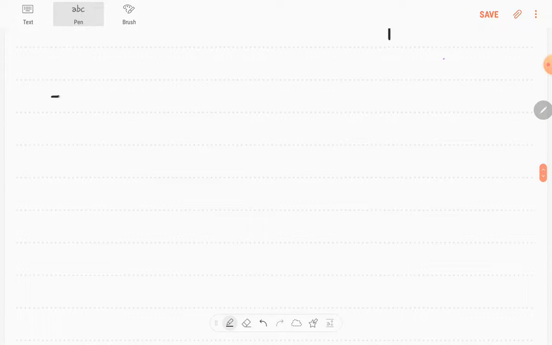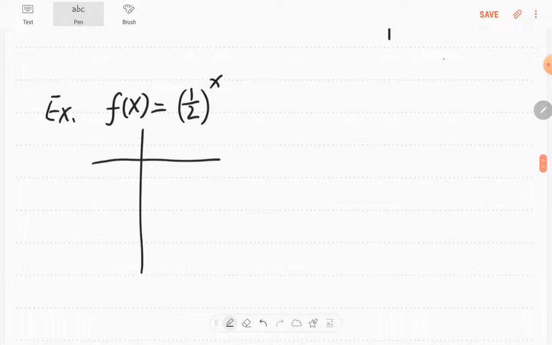Now let's look at another example, which is f of x equals 1/2 to the x. We still use some sample points: x and f of x. When x equals 0, this is 1/2 to the 0, which is equal to 1, so it must go through the point (0, 1).